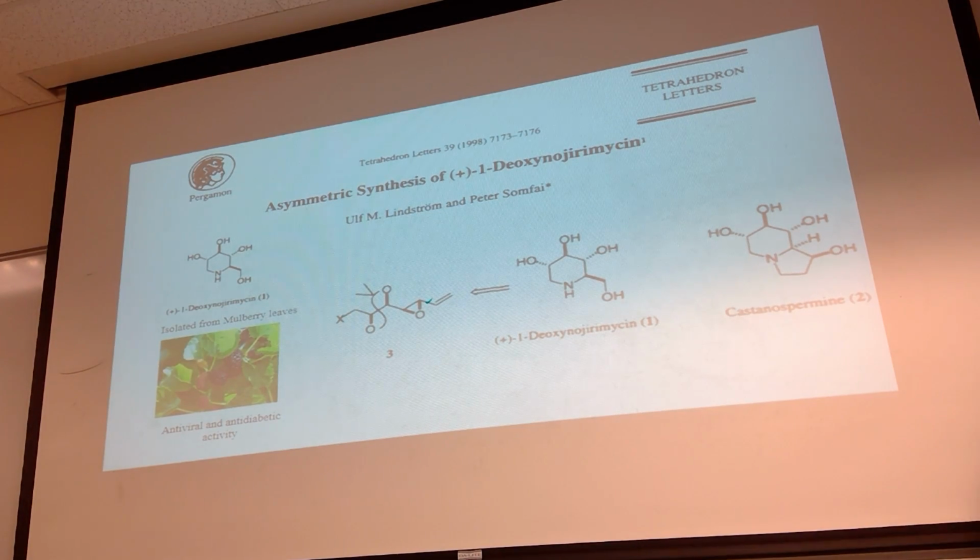Pretty much for here, 3 is a retrosynthesis of what they're starting from. We'll go to the synthesis on the next slide. The synthesis is focused on the propensity of vinyl epoxides to be attacked by amines and other nucleophiles, as well as the stereoselectivity under the reaction conditions.